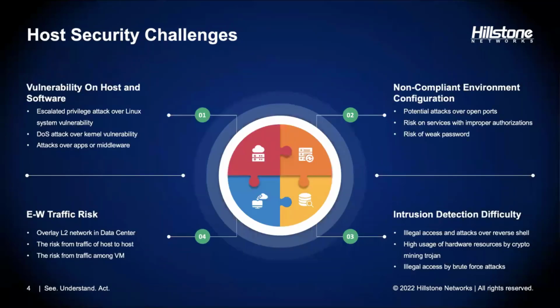Host security challenges are part of the reason for the migration towards the new attack framework. Point is, it's becoming quite critical. For starters, with vulnerabilities on the host and software, there exist privilege escalation vulnerabilities in Windows and in Linux.